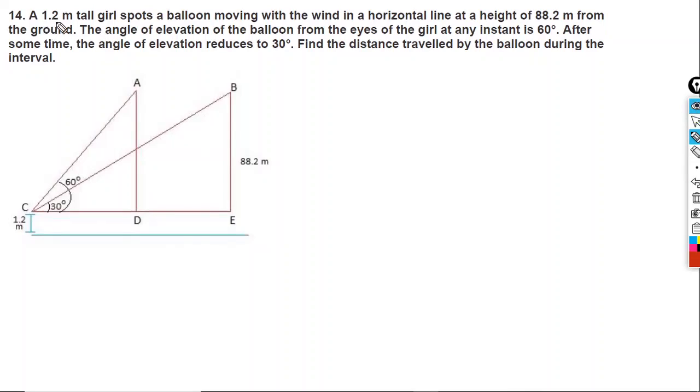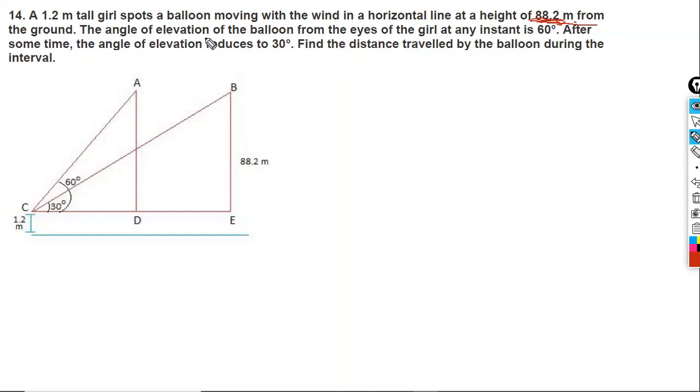A 1.2 meter tall girl spots a balloon moving with the wind in a horizontal line. The balloon is moving on a horizontal line at 88.2 meter from the ground.